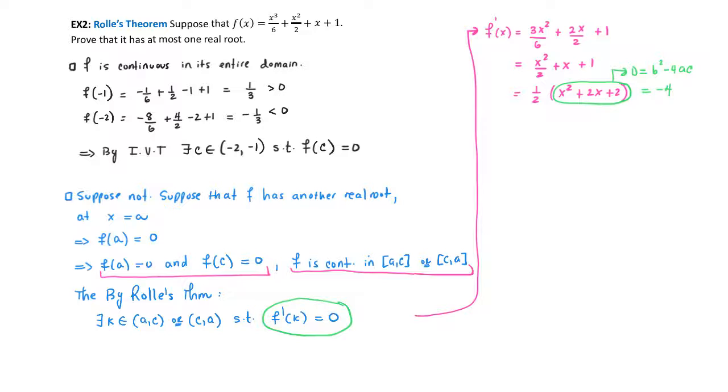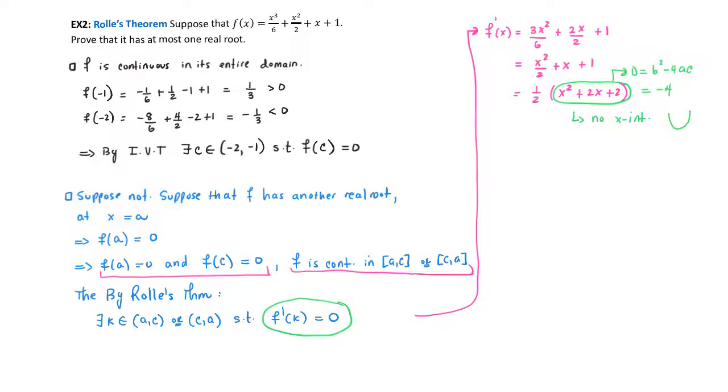And whenever a quadratic has a negative discriminant, that means that this quadratic will never intersect the x-axis. So this quadratic has no x-intercepts. And because the quadratic opens upwards, it is going to be completely above the x-axis.